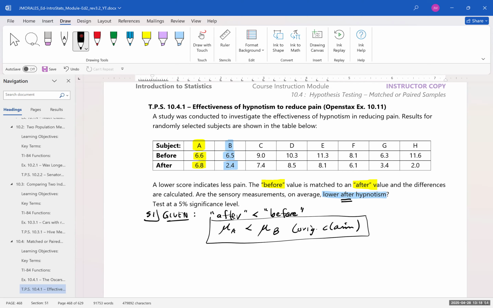So let's do a little bit of algebra. Let's subtract mu b from both sides. So this is going to be 0. So we have mu a minus mu b is less than 0. That's our original claim.